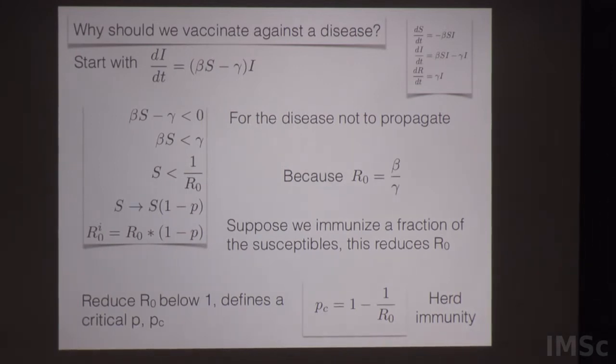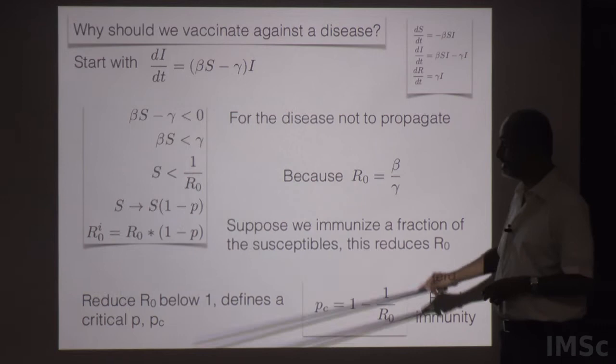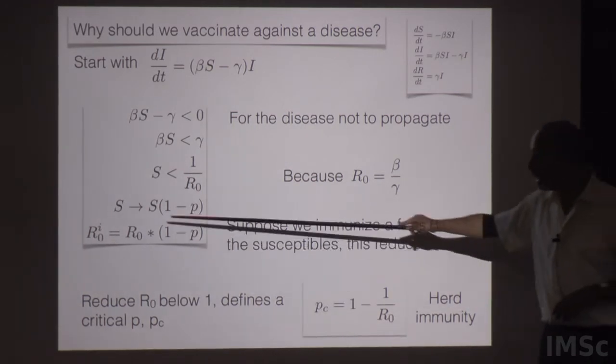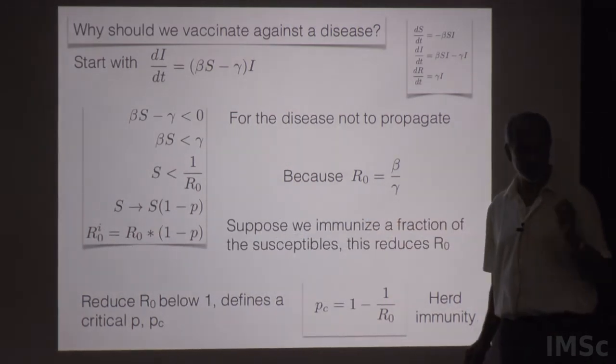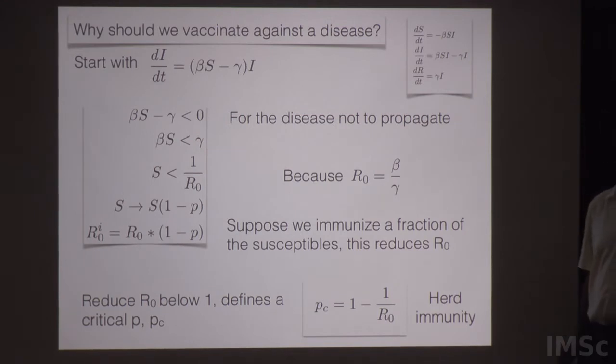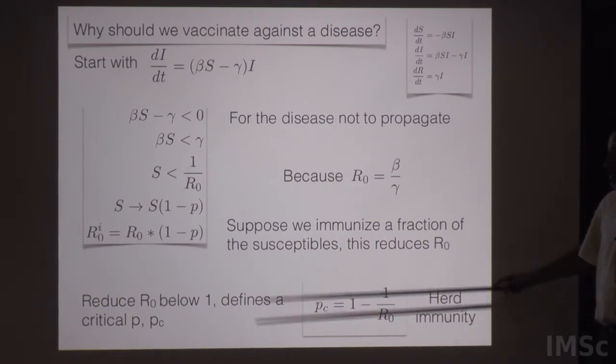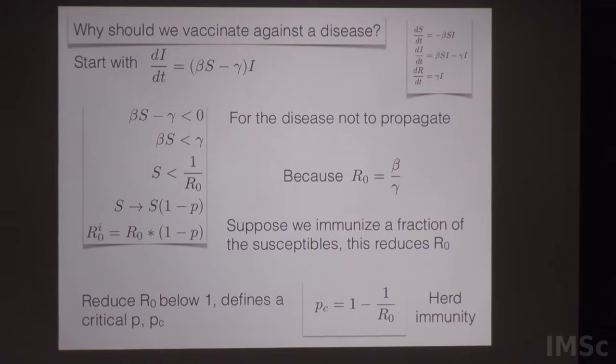As I increase P by vaccinating people, S will go down. Okay. Now if I change S to S into 1 minus P, then R itself must change, because that threshold value that marks the null cline will change by this particular factor. Okay? It's exactly going back to that system of the phase plot that I showed you. Once you do that, then you know what to do.